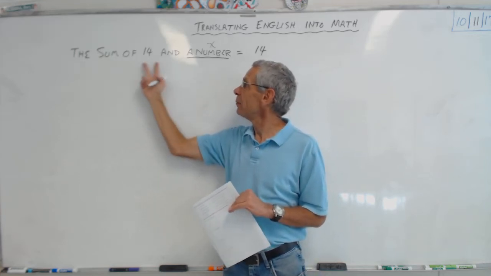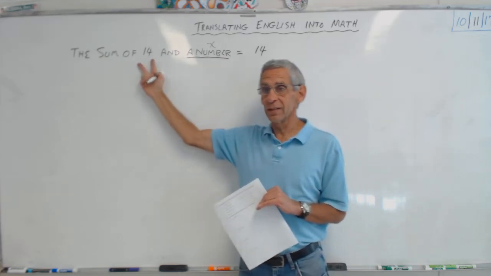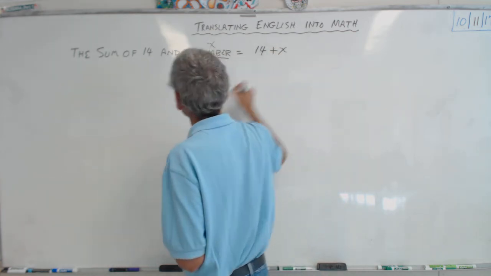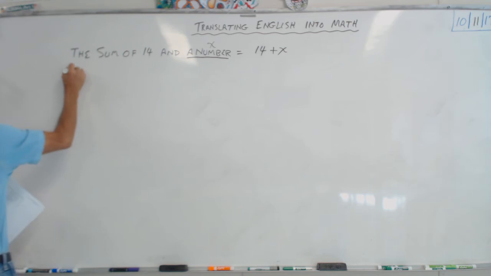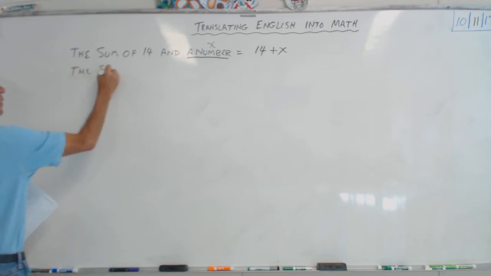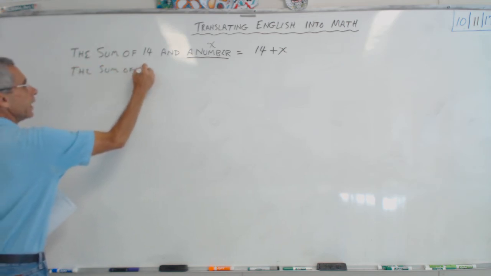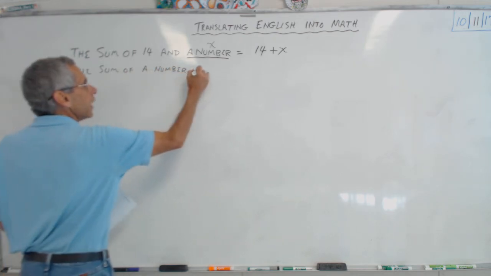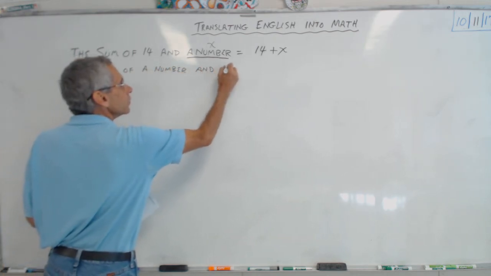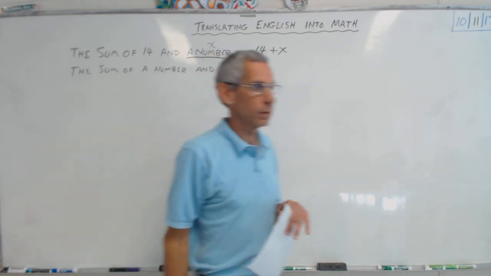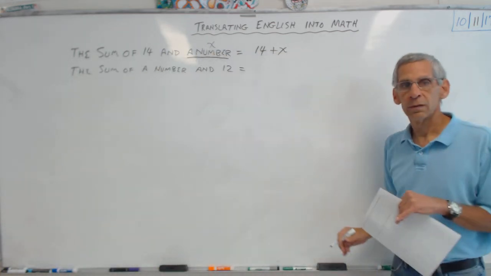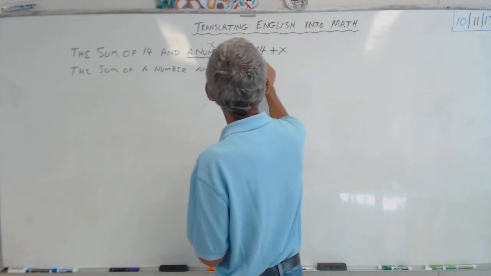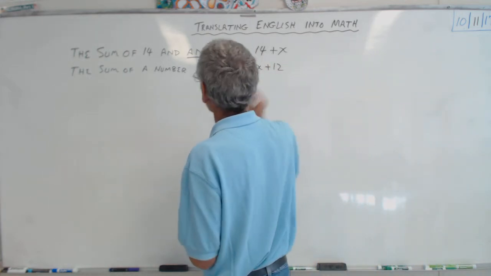When it says the sum of this and this, the first number gets written first, right? 14 plus x. Okay, what if I said the sum of a number and 12? What would that be? x plus 12, exactly.